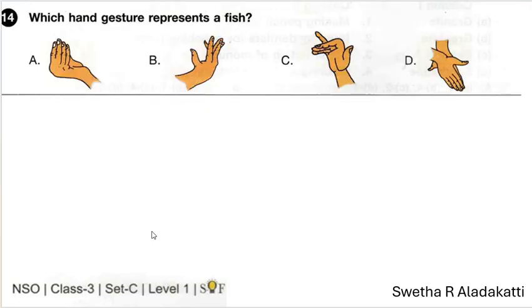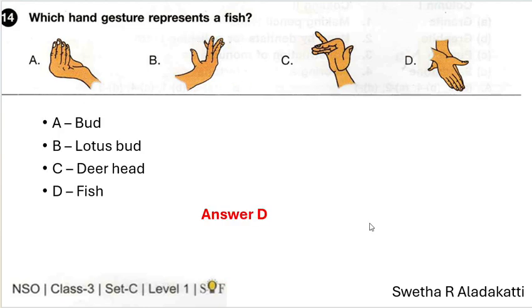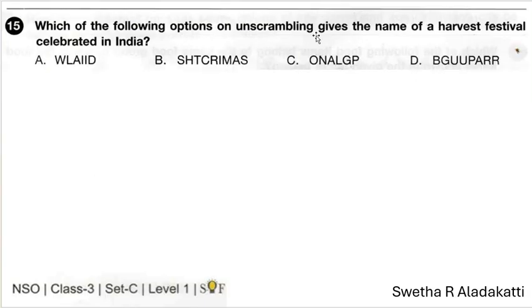14. Which of these hand gestures represents a fish? Let's see the answer. A shows a bud, B shows a lotus bud, C shows a deer head, D shows a fish. So fish is option D. 15. Which of the following on unscrambling gives the name of the harvest festival celebrated in India?